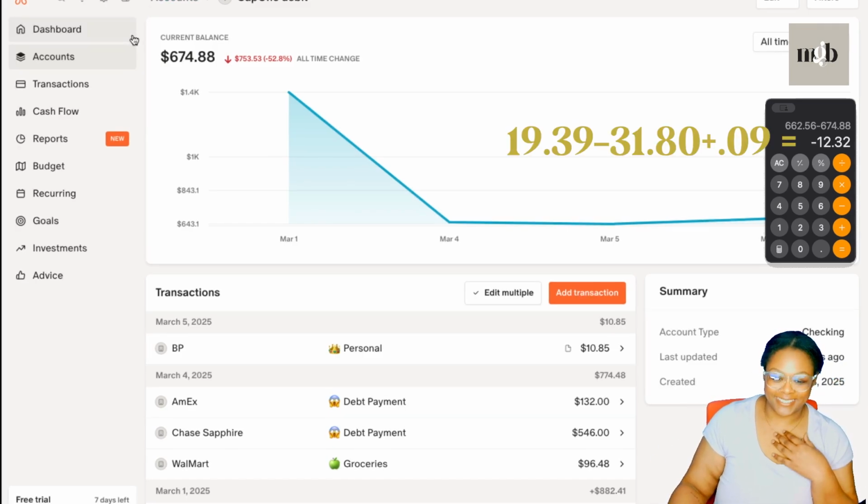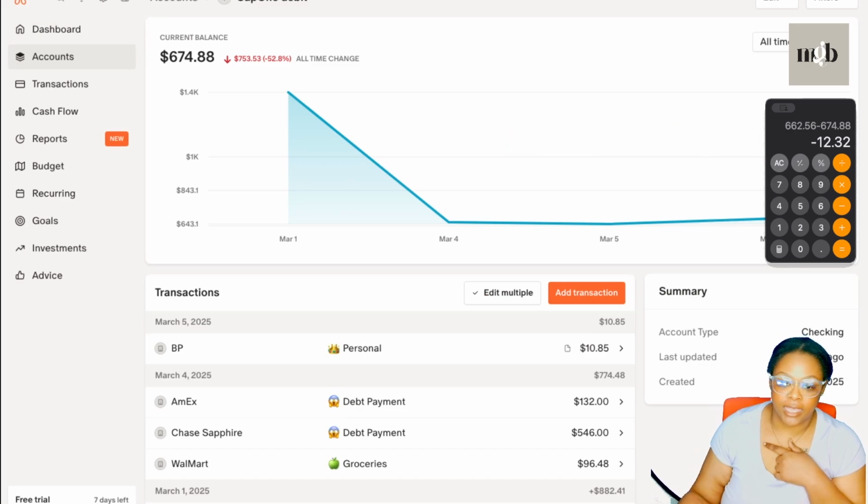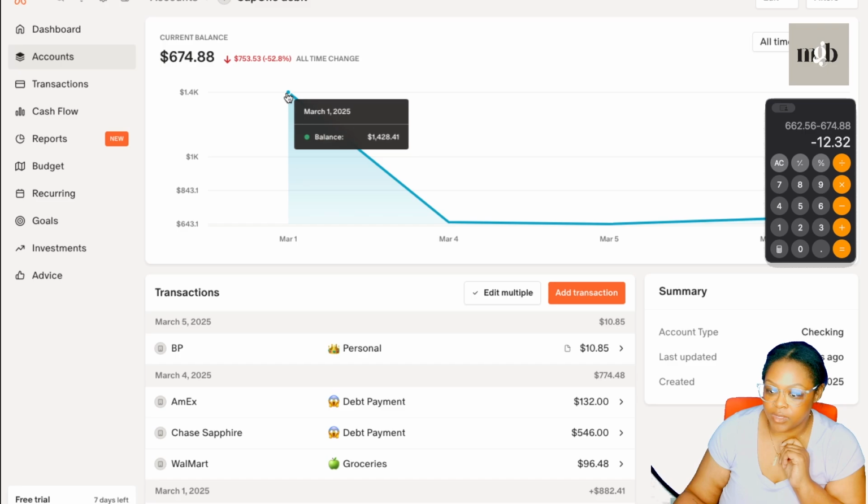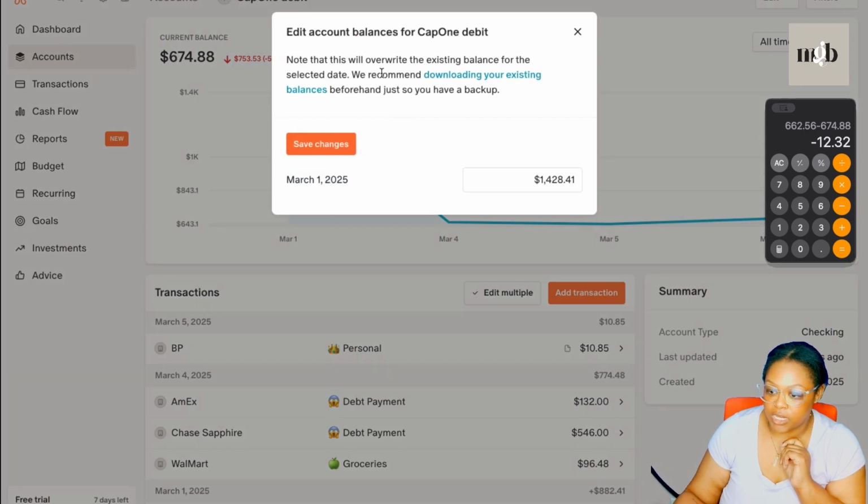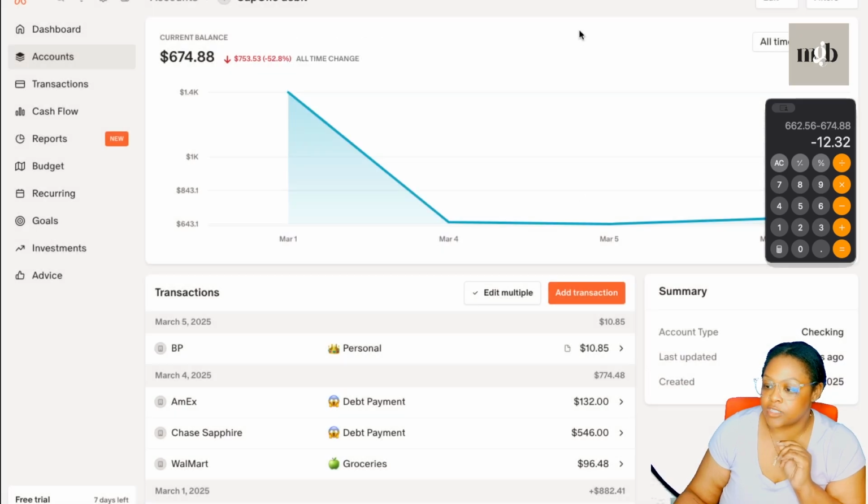Okay, so now I know. I definitely need to change these icons, because yeah, that messed me up. If I change this here, it let me know it's gonna overwrite the existing balance for the selected date, which is gonna, yeah, throw this off. Okay, so I'm not gonna touch that.